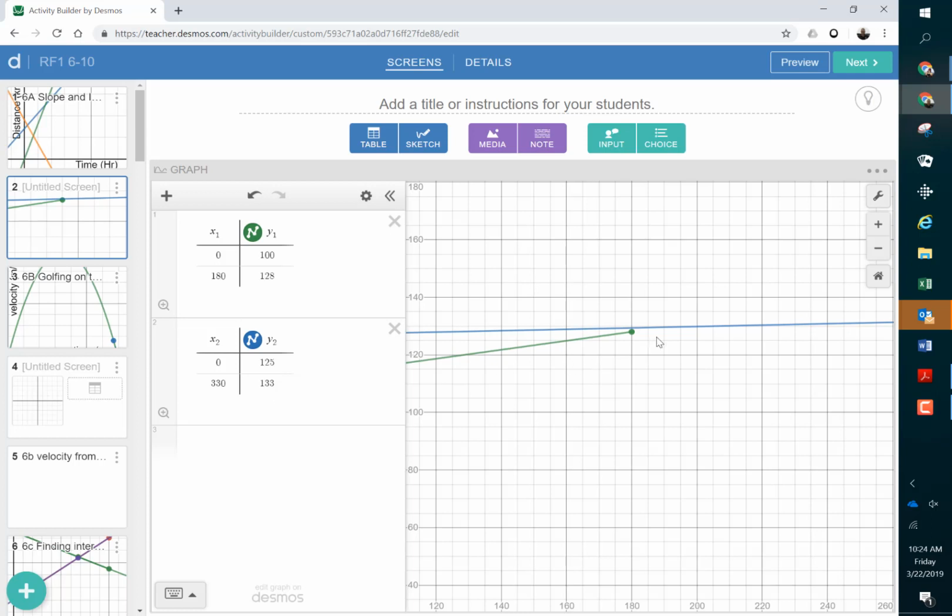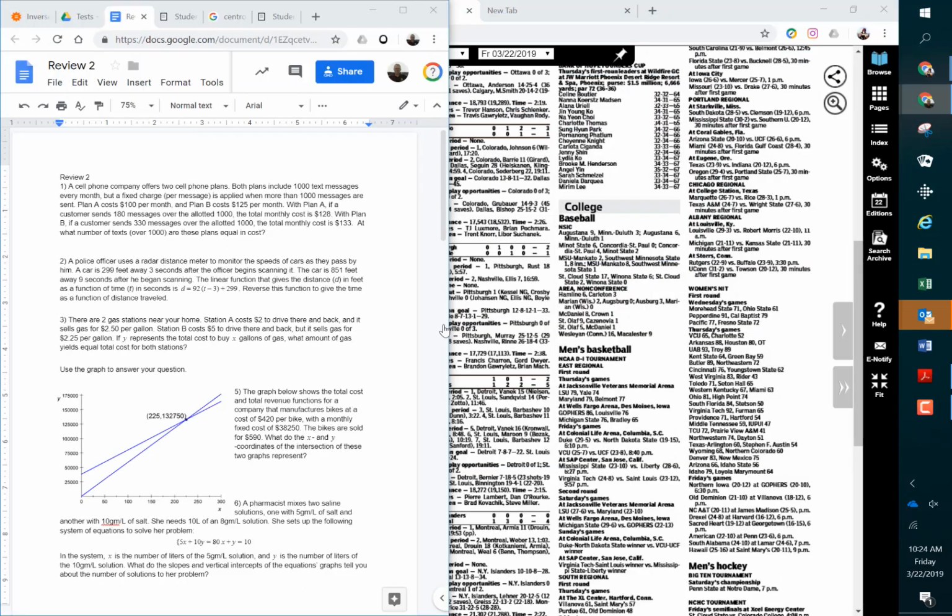It looks like it's going to be right around 190 messages. 190 messages will cost us about, let's see, $133.